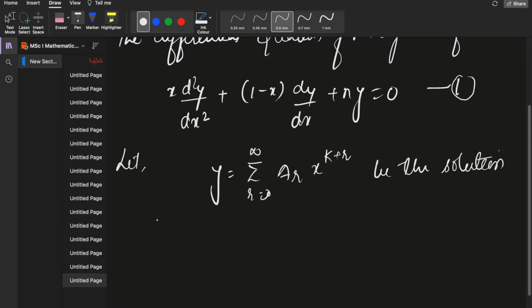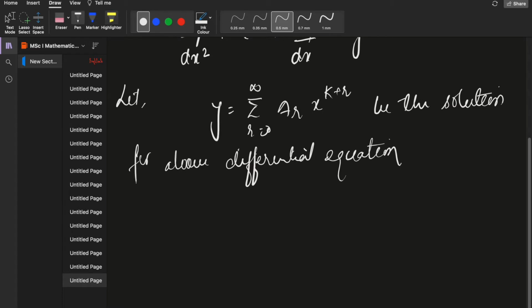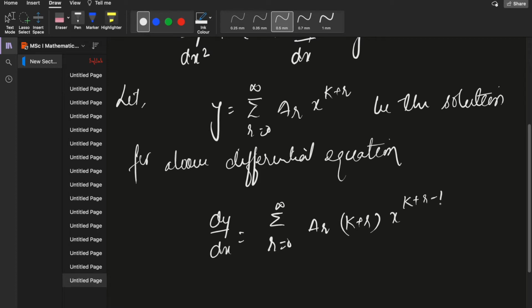So this is the solution for the above differential equation. Then dy upon dx is summation r tends to 0 to infinity ar, the coefficient as it is, times (k plus r) x to the power k plus r minus 1.